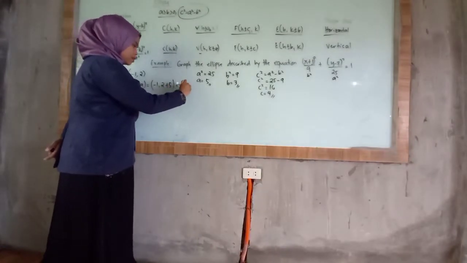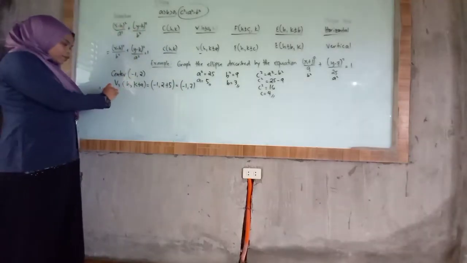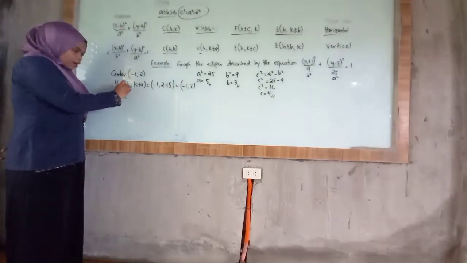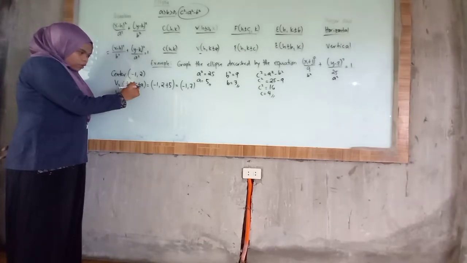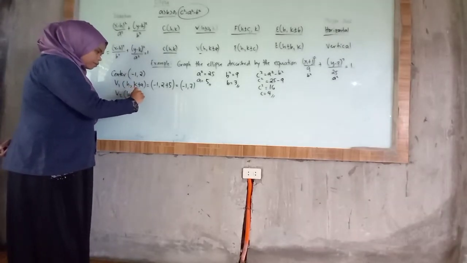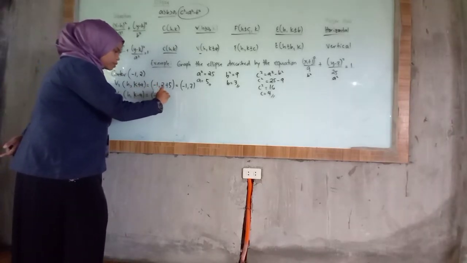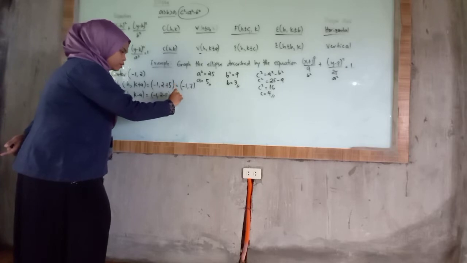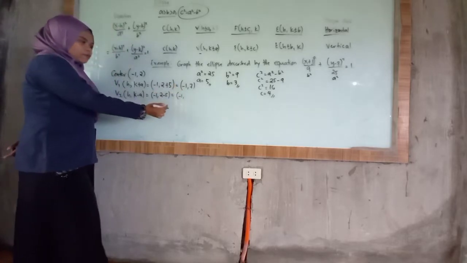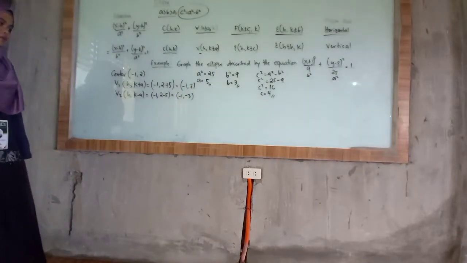So that is negative 1, 2 plus 5, that is 7. For the V2, we have H, pero ito papalitan ko na yan ng minus. So I have K minus A, so that is negative 1, 2 minus 5, that is negative 3. So those are the vertices.